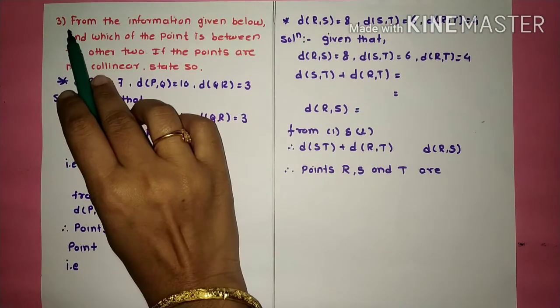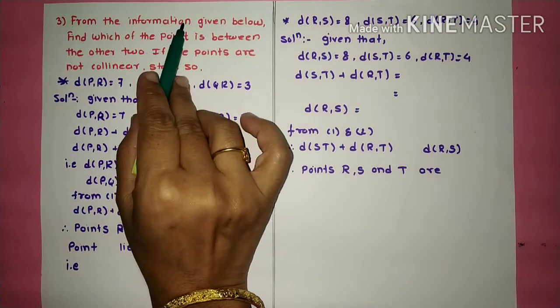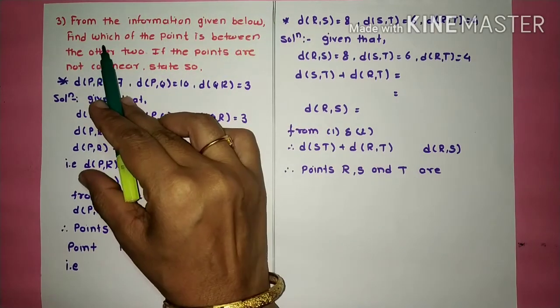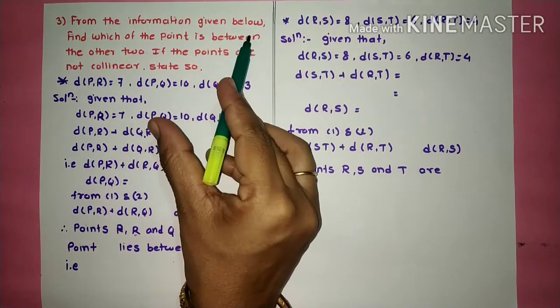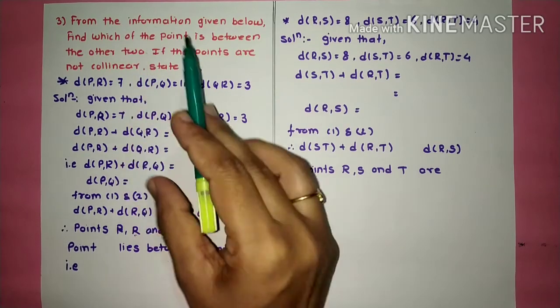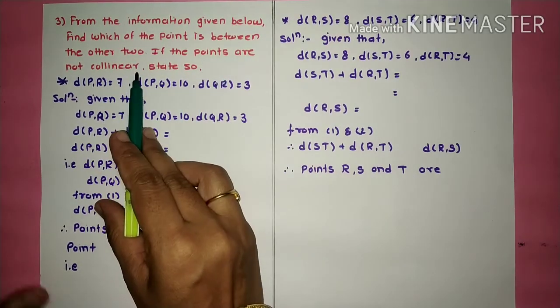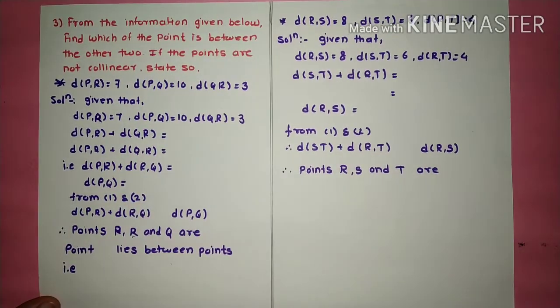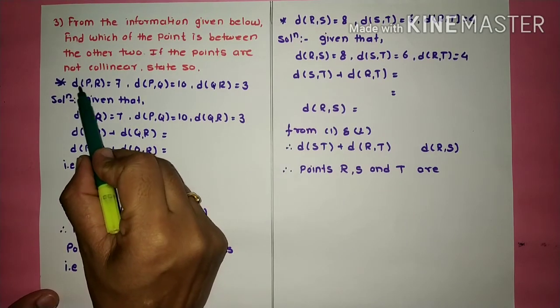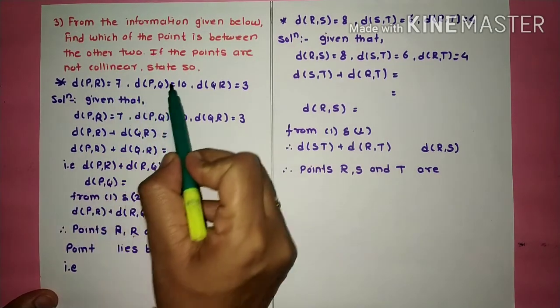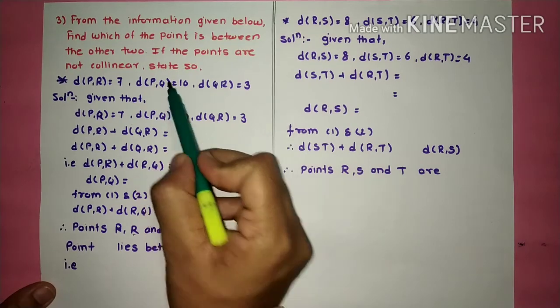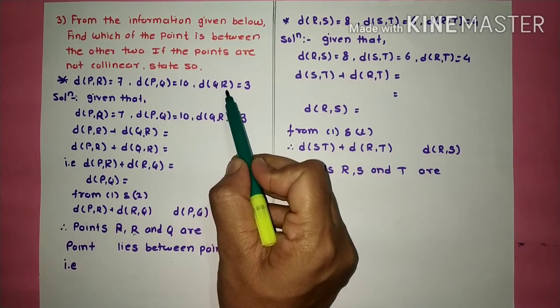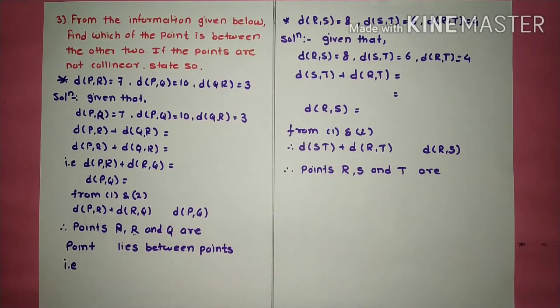Now see the third example. From the information given below, find which of the points is between the other two. If the points are not collinear, state so. Given that distance PR equal to 7, distance PQ equal to 10 and distance QR equal to 3. Here we have to identify whether the given 3 points are collinear or not.